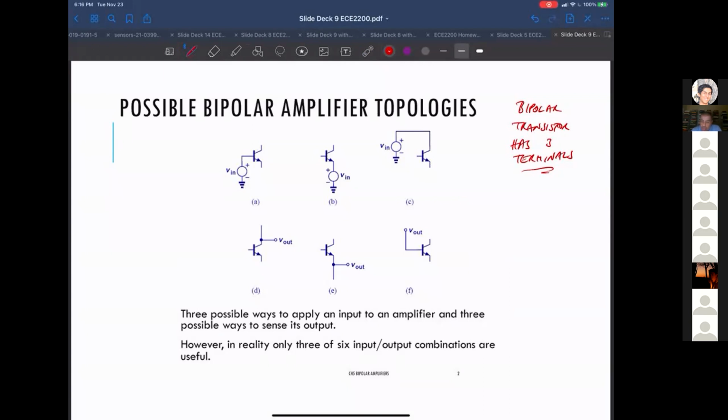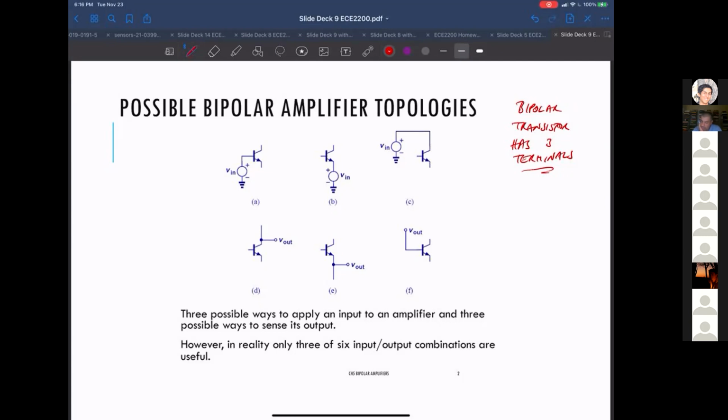But only a few configurations of input and output are useful, that do useful things.